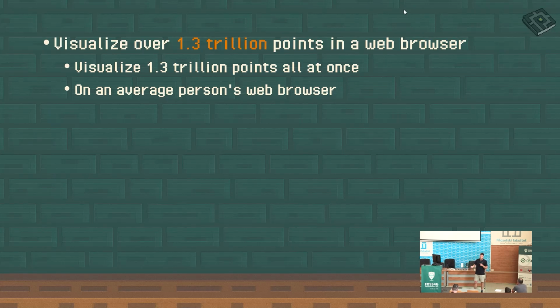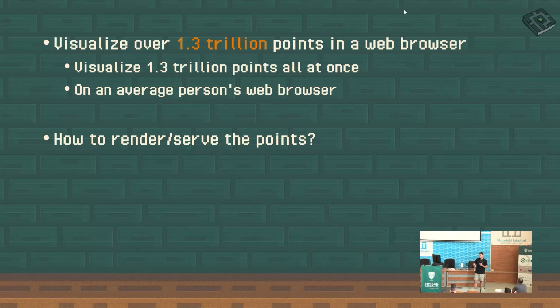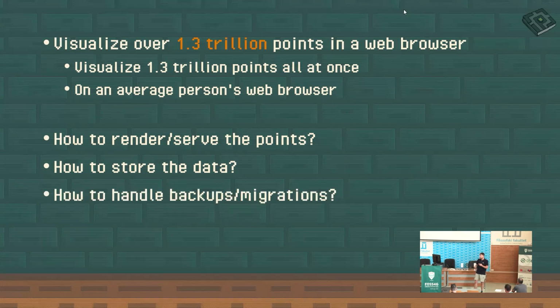It was, and still is, quite a challenging task. The questions we had to ask ourselves were how to render, or let's say serve, those points to the client, how will we store the data, and in the end, how will we handle backups and possible future migrations to other servers?